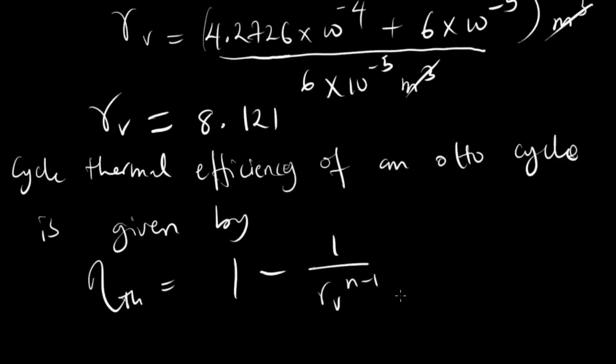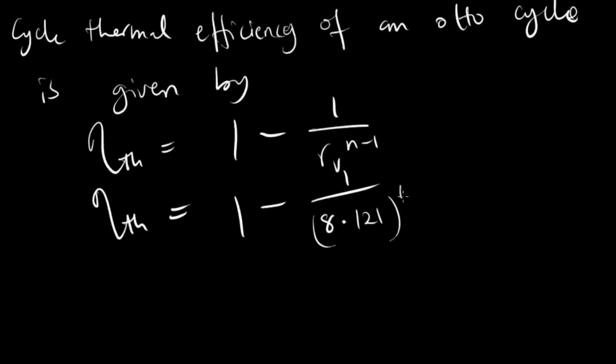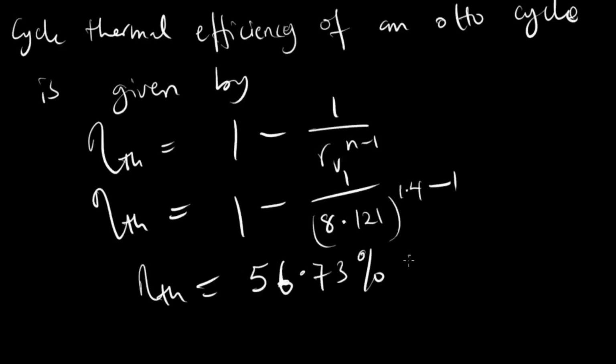Now imputing the value of RV that we've gotten, we have 1 minus 1 over 8.121 raised to the power 1.4 minus 1. So finally we have that this is 56.73%. So that doesn't end here.